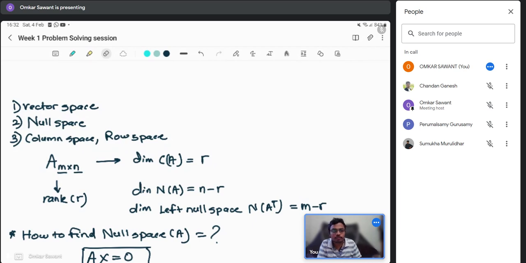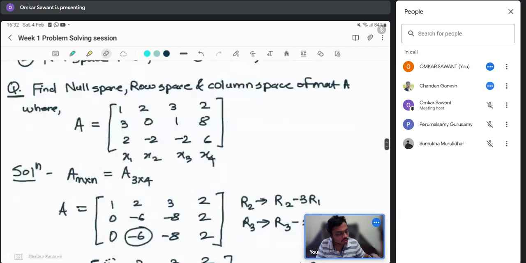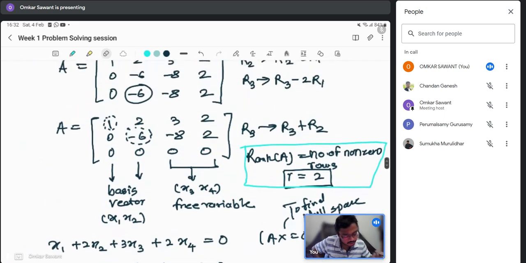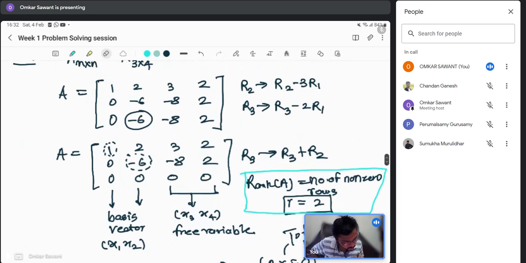Are you finding difficulty in understanding? Sir, the rank of the matrix? Rank of the matrix is the number of non-zero rows in that matrix. So there are two non-zero rows after getting row echelon form, right?